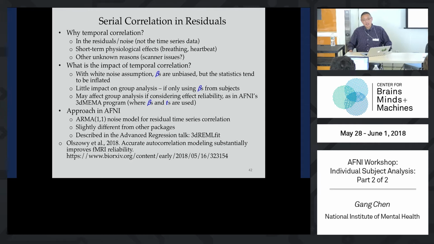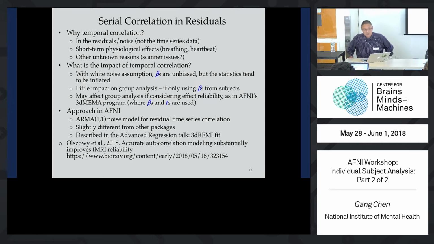The traditional regression model, when we solve it using linear least squares, assumes that the residuals are white noise. It's noise and also white. White means there's low temporal structure, that they're totally pure noise.